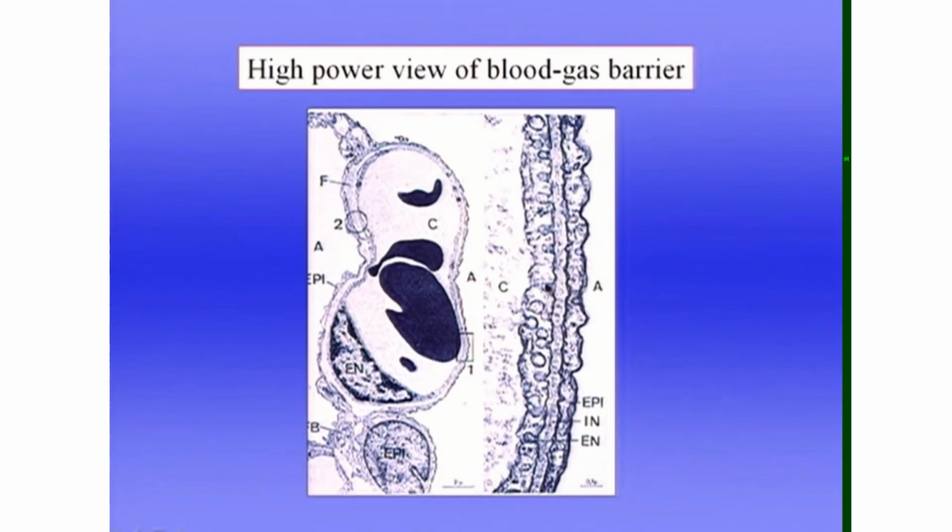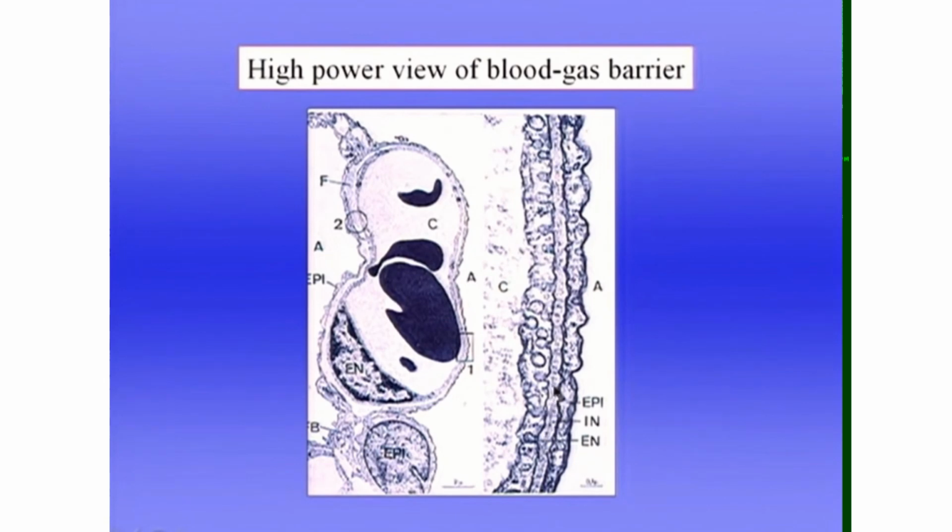And what's interesting about this is that in addition to the alveolar epithelial layer here, and the endothelial layer here, and the capillary lumen here, we can clearly see the extracellular matrix, or the interstitium as it's sometimes called. And if you look carefully, you can see an electron-dense band right in the middle of this extracellular matrix.